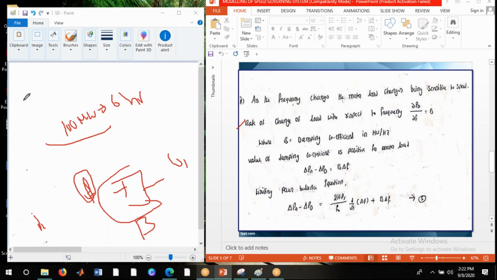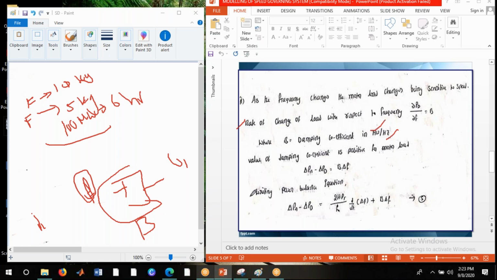Suppose first you apply a force to a 10 kg mass. Now the same force you apply to a 5 kg mass. Here the mass is different, but we can control these different responses by using the dashpot, that is the damping coefficient. The damping coefficient is given in megawatts per hertz. It means how much power is generated with respect to the frequency.